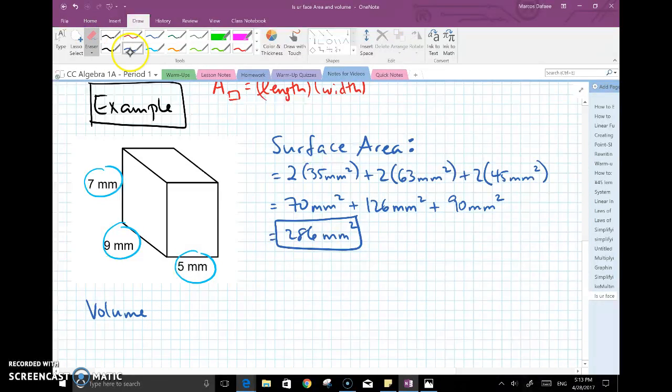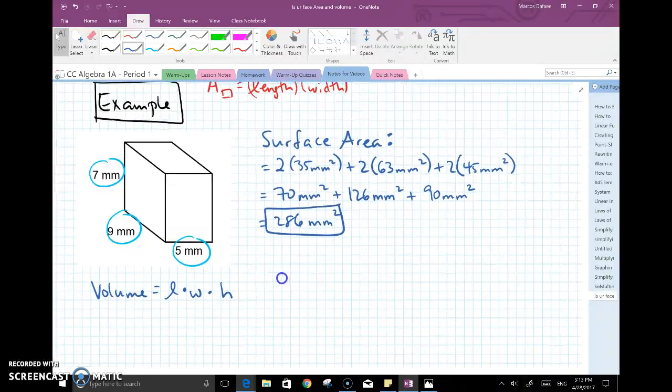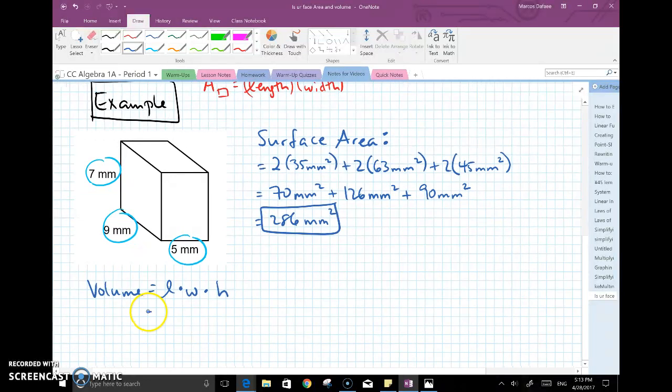It would be the length multiplied by the width multiplied by the height. And knowing that each of these variables has a number, all I have to do is substitute, multiply, and I'm finished. So the length here would be 9 millimeters, which will multiply with the width, which is 5 millimeters, which will multiply with the height, which is 7 millimeters.